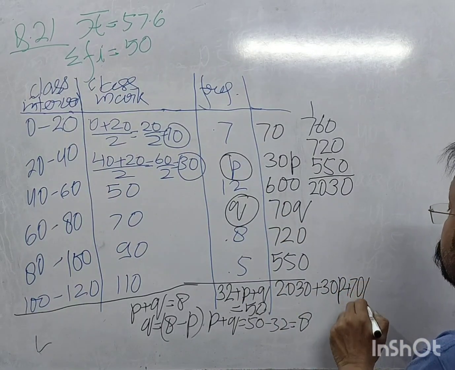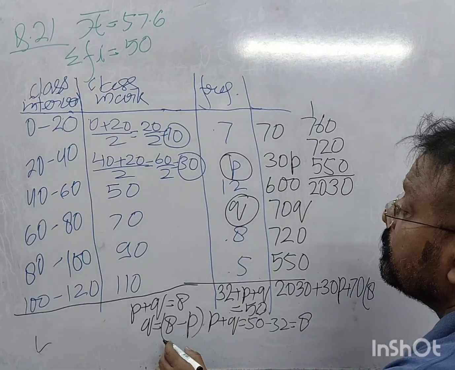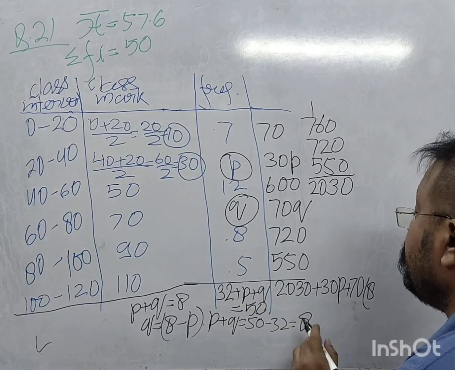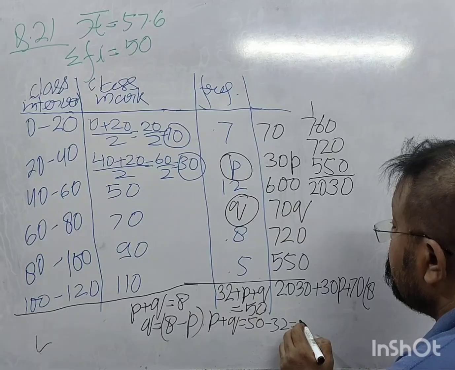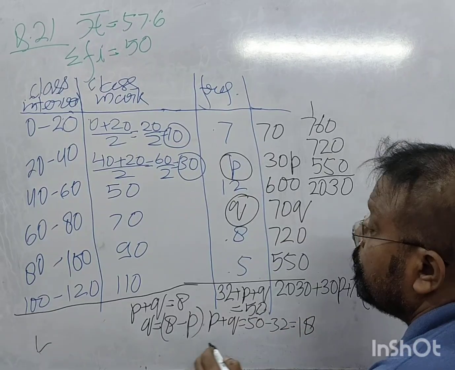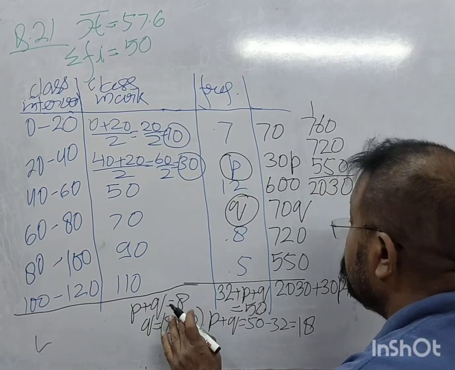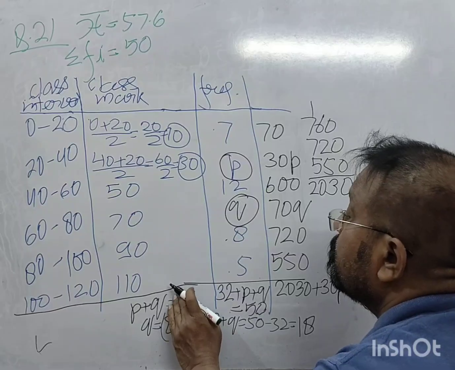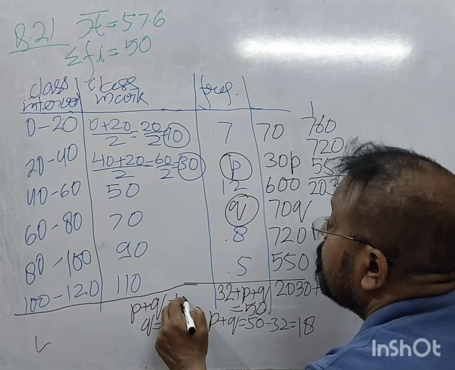Sorry, it will be 50 minus 32, which is 18.